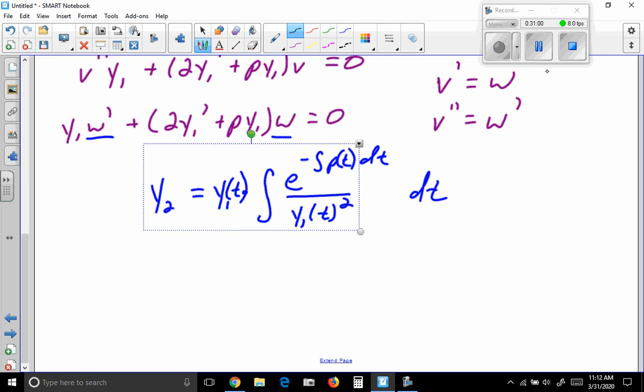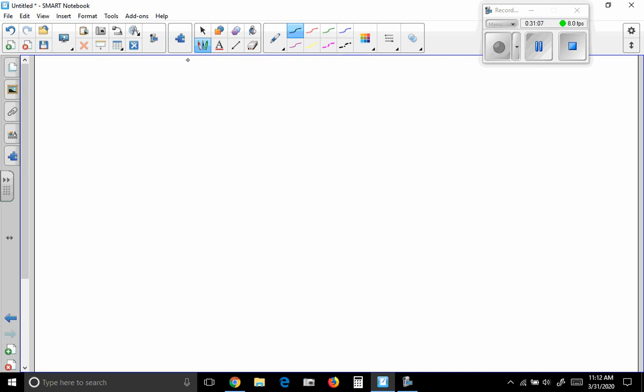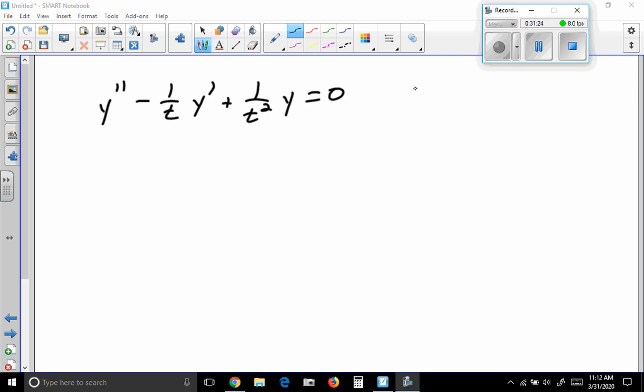So let's work through an example and see how that goes. Let's look at the one I mentioned a minute ago: y double prime minus 1 over t y prime plus 1 over t squared y equals 0. And we're given that one of our solutions is simply t.